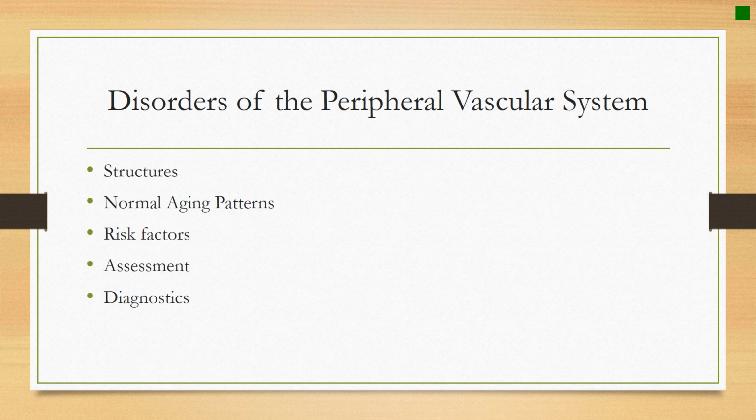The T is for temperature. If arterial problem, the affected extremity will be cold. If a venous problem, the affected extremity will feel normal or abnormally warm. The C is for capillary refill. We want it to be less than 2 seconds. Cap refill may be extended with peripheral vascular disease.